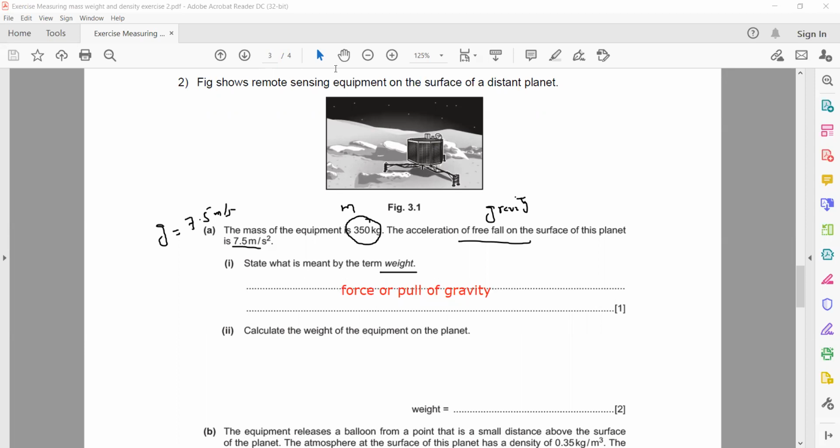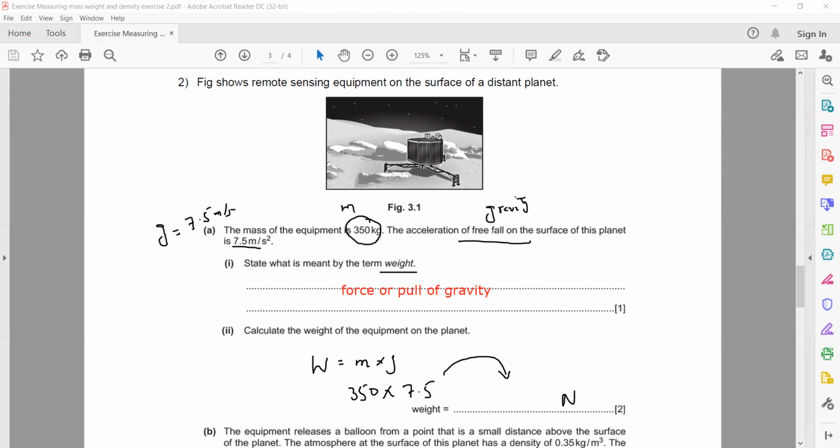Then calculate the weight of the equipment. How do we calculate the weight of equipment? Weight is mass multiplied by gravity. So the mass of equipment is 350 and the gravity is 7.5. So what is the weight of this equipment on the planet? 350 multiplied by 7.5.